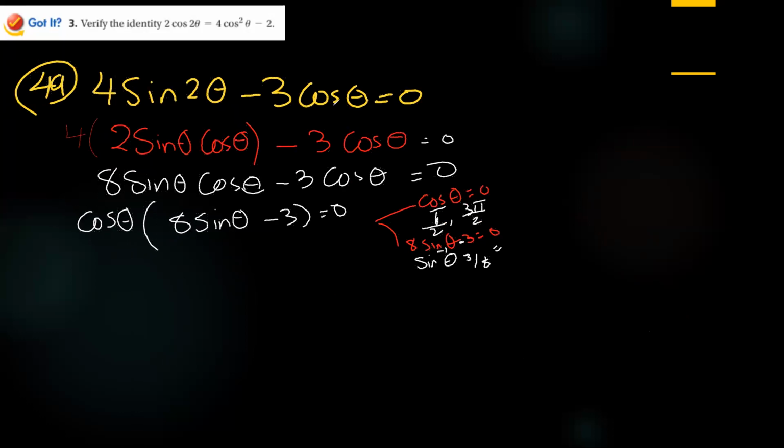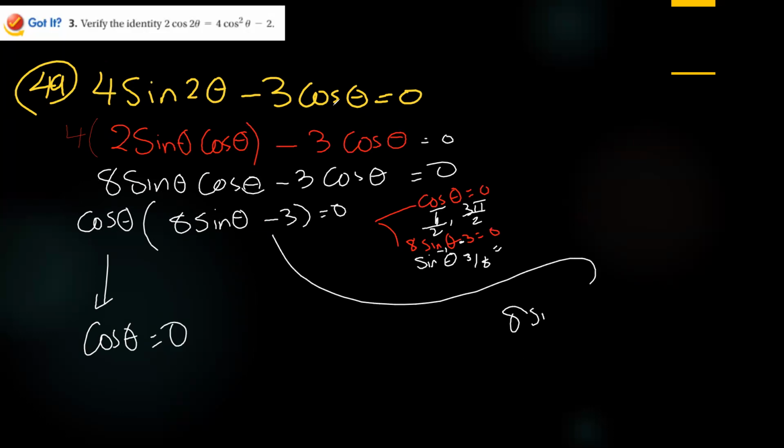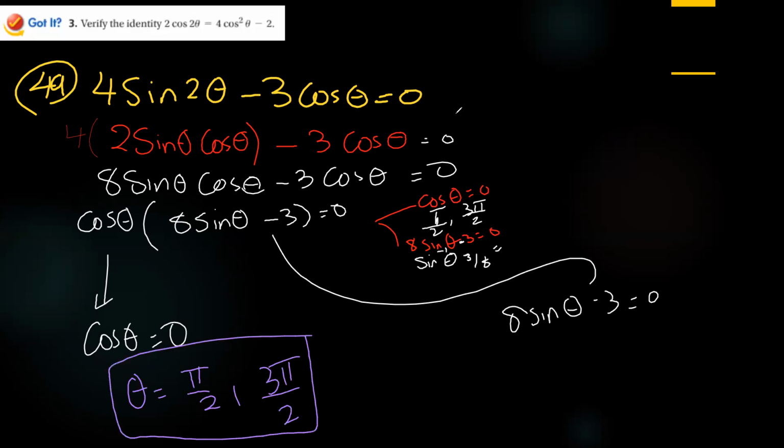So here, I will rewrite it. Cosine of theta could be 0, and 8 sine of theta minus 3 could be 0. As we said, cosine of theta is 0 when theta is pi over 2 and 3 pi over 2. And here, I want to solve it.